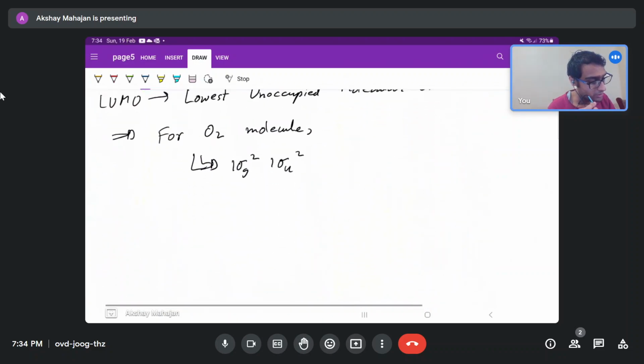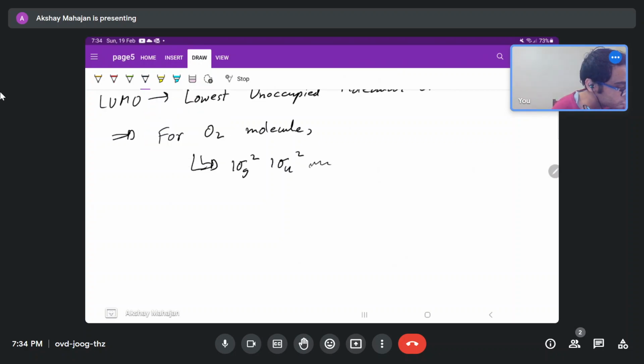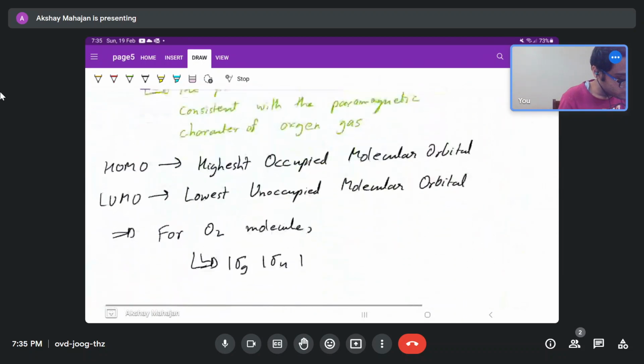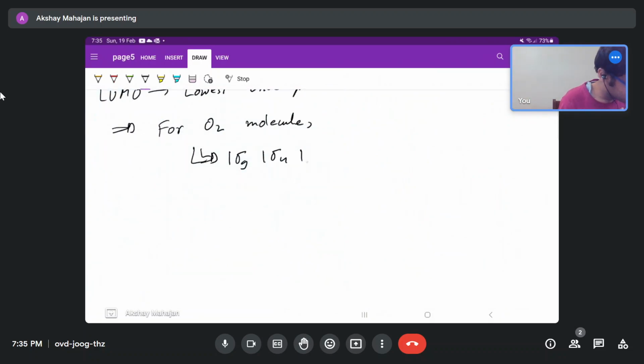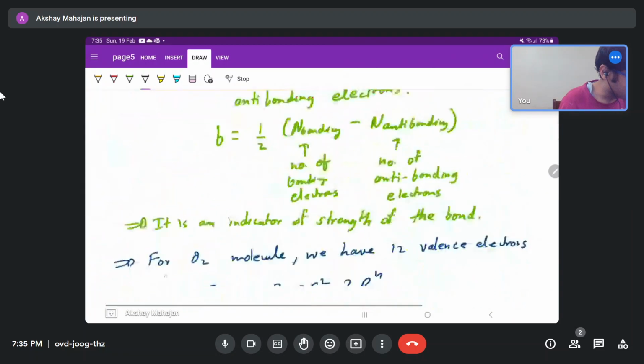Let me write it again. To find the HOMO and LUMO, let us again write 1 sigma g, 1 sigma u, and then 2 sigma g and 1 pi u, then 1 pi g and 2 sigma u.